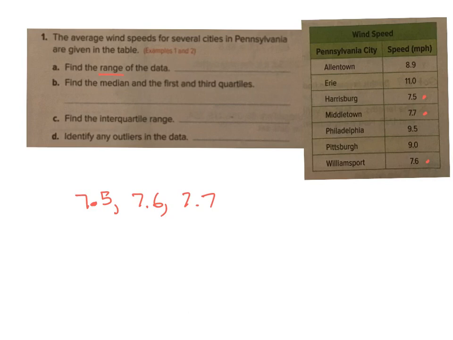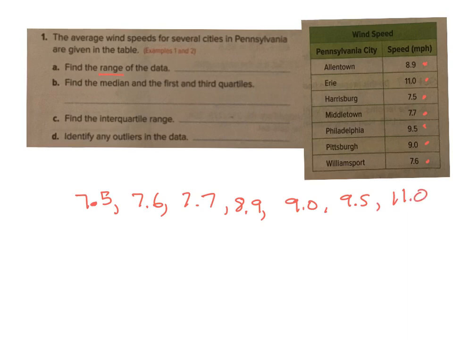Now let's look at 8. I have an 8.9. That's the only one. Now I get some 9s. I have 2 of them: 9.0 and 9.5. Okay, and then I have 11.0.